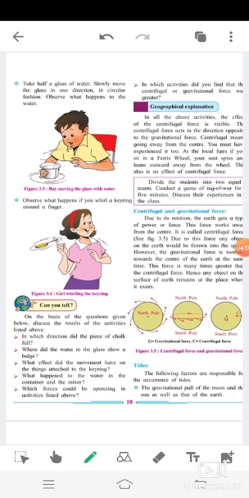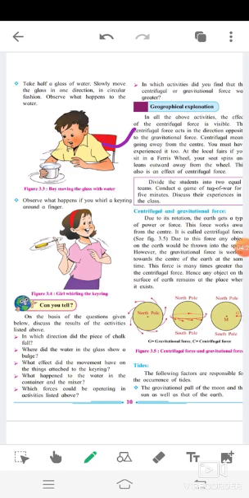Observe what happens to the water. Observe what happens if you whirl a key ring around a finger. See, the pictures are given here. This boy is moving the glass with water and the girl is whirling the key ring.